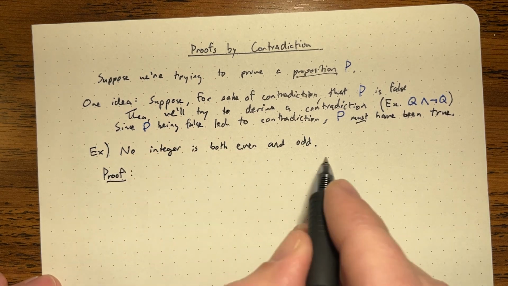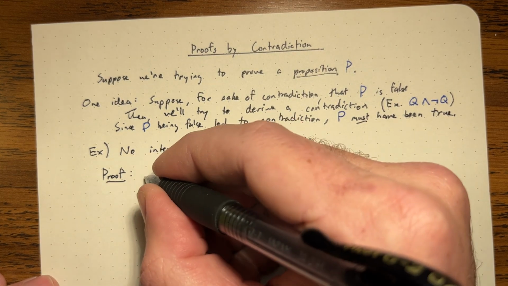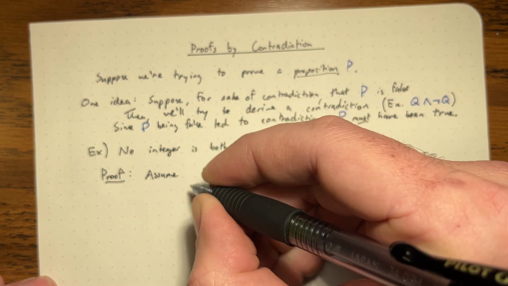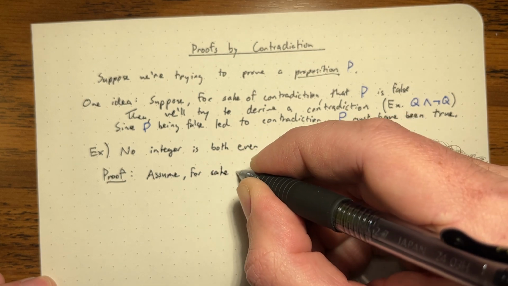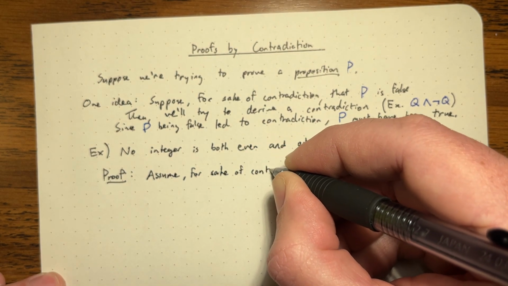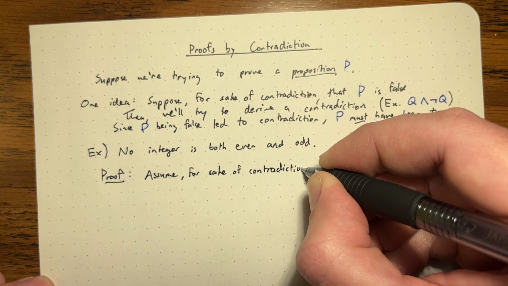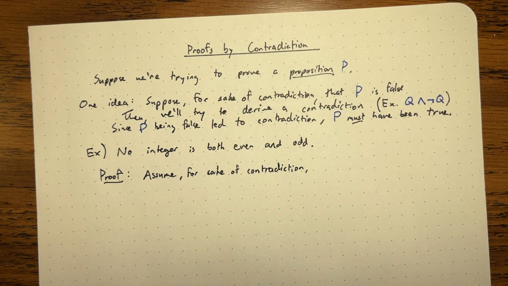So we assume otherwise. We assume, for sake of contradiction. It's often useful to point out to the reader that you're about to do a proof by contradiction, so putting in a phrase like that.